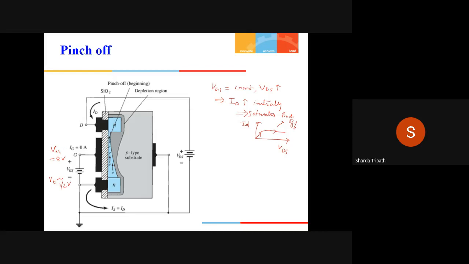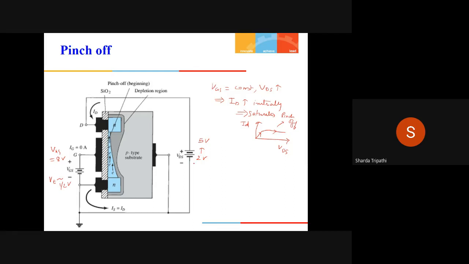So that means clearly this is sufficient to induce the channel. Let me say that initially my value of VDS was 2 volts, and later on I increased my value of VDS from 2 volts to 5 volts.